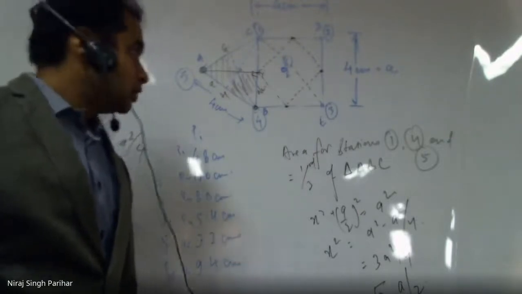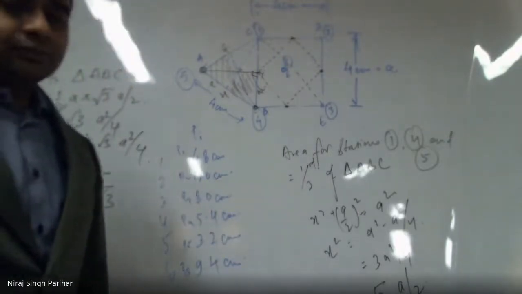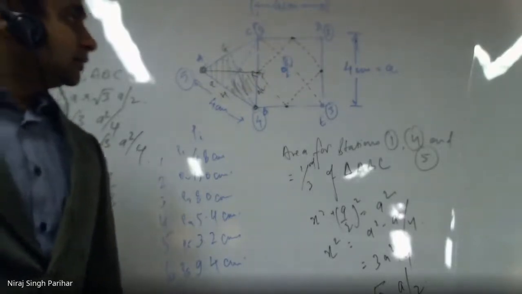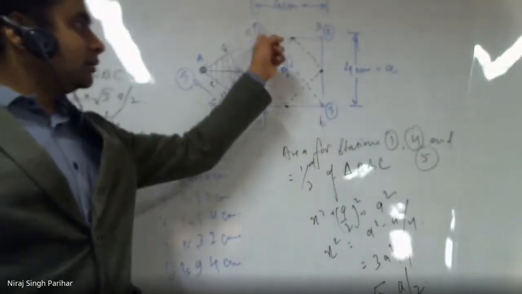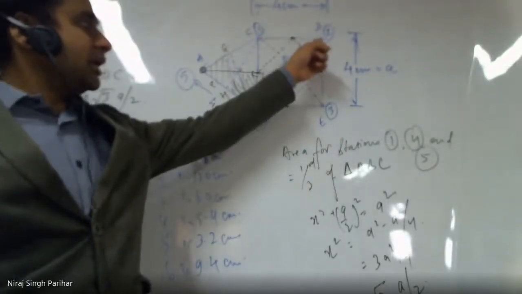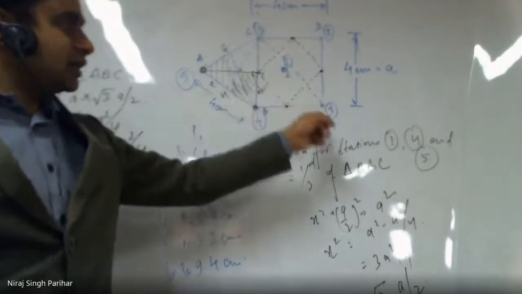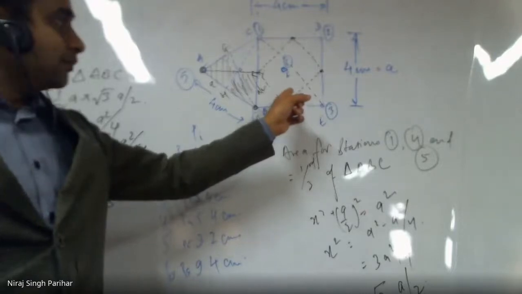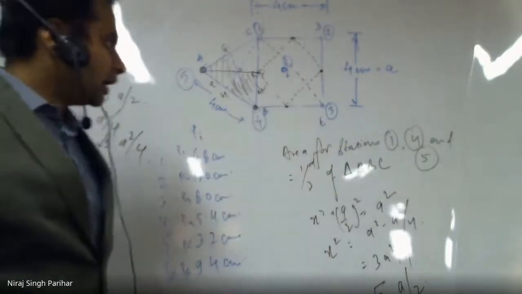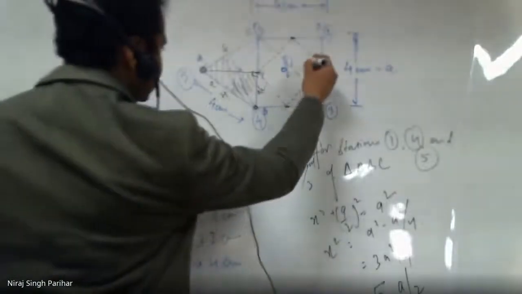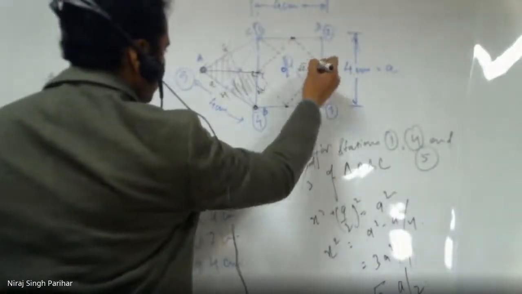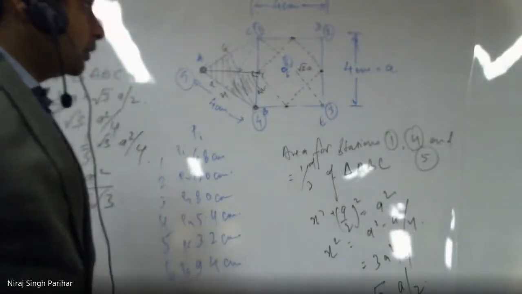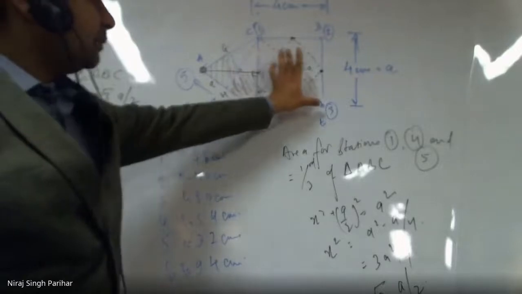So diagonal की लेंथ कितनी होती है? कितनी होनी चाहिए diagonal की लेंथ? अगर इसे भी right triangle मान ले तो this square a square plus a square should be equal to this square, diagonal square. So 2a square and अगर आप अंडर रूट उठाएंगे तो ये diagonal की लेंथ कितनी आ जाएगी? अंडर रूट 2a. ठीक है.